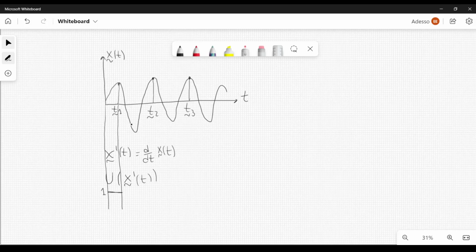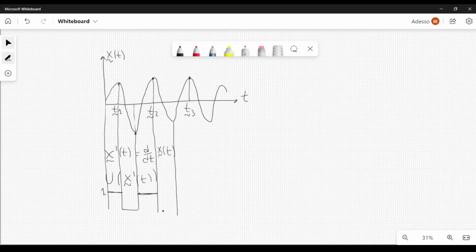It will be 0 over this interval here because the function was decreasing until we reach this minimum. Then it is increasing up to the other maximum at t equal to t2. So here we will have that the function u is equal to 1.